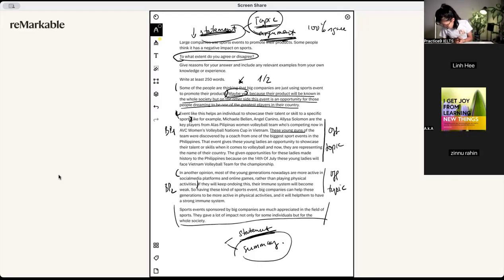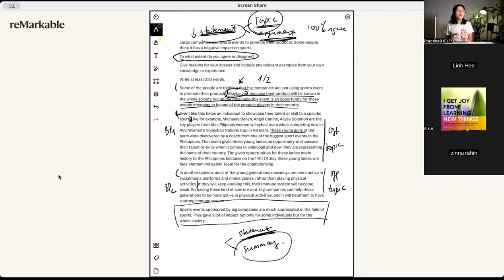Okay, so over here, 'sponsored by big companies, are much appreciated in a few sports. They give a lot of impact, not only for individual.' Okay, I do not see anything. This conclusion has very little to do with the body paragraph. Almost nothing, because the body paragraph is off topic, right?